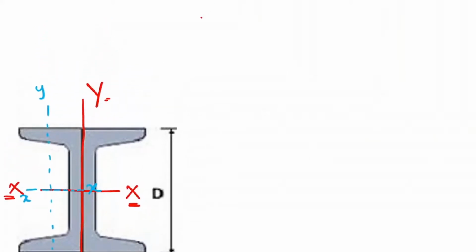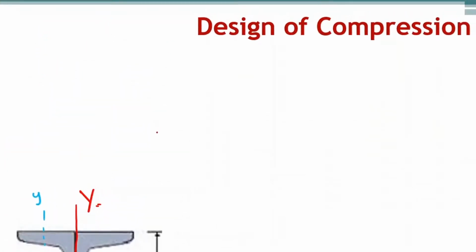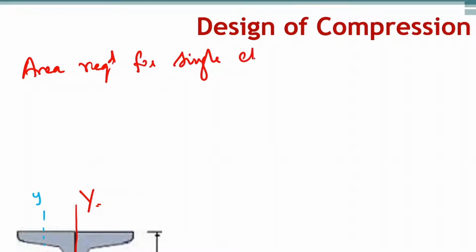Before that, let me select a channel section which has the area required of 44.44 centimeters square. Area required for a single channel, because I am going to select two channels, is equal to 44.44 centimeter square upon 2.